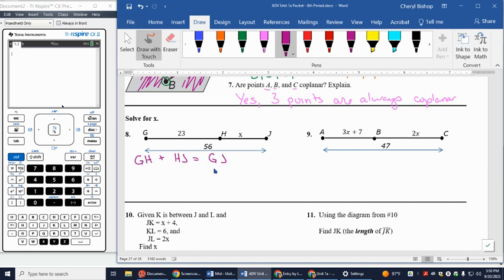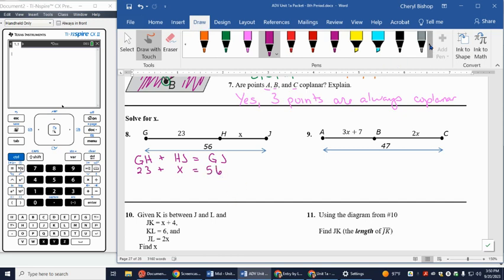That sentence right there is the segment addition postulate. From there, I need to substitute in. GH I know is 23, plus HJ is x, and that equals GJ, the whole thing, 56.